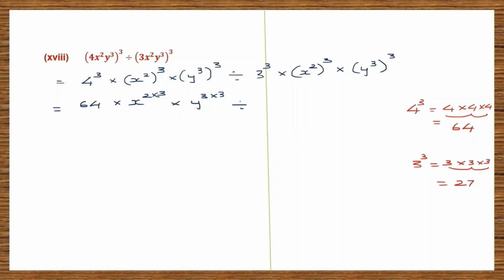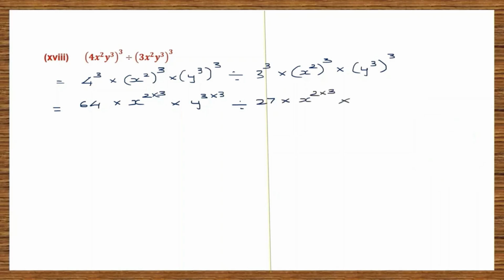So let's write 27 here into x to the power of 2 into 3. When it's raised to another power, you multiply it. Y raised to the power of 3 into 3. So what is all this? Let's see. This is 64 into x to the power of 2 into 3, 2 3s are 6, into y to the power of 3 3s are 9, divided by 27 into x to the power of 2 3s are 6, into y to the power of 3 3s are 9.